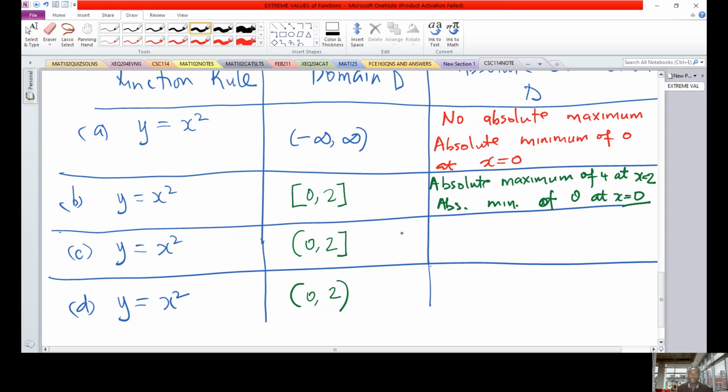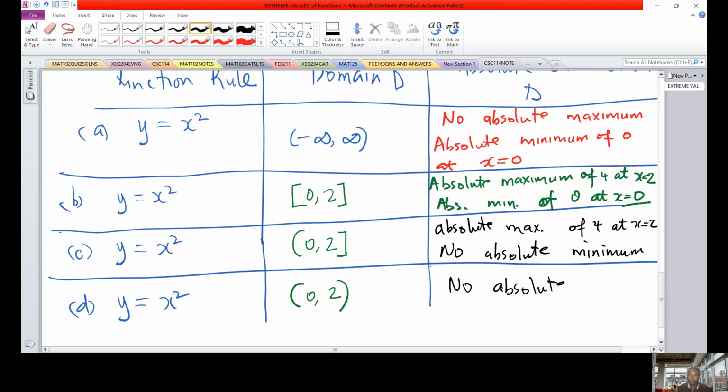And then 0 to 2, but not including 0, we have absolute maximum of 4 at x equals 2, and no absolute minimum. For the last one, there's no absolute maximum or minimum. So I can just say no absolute extremum.